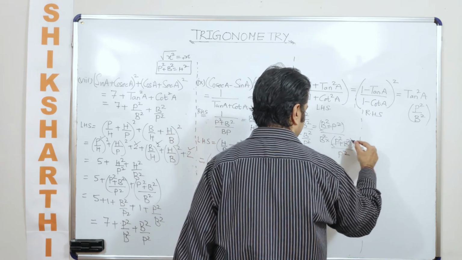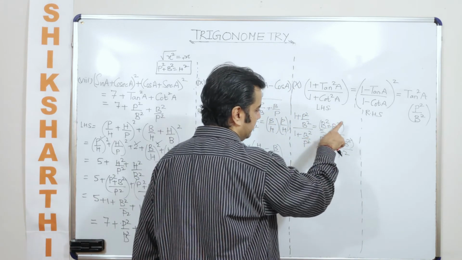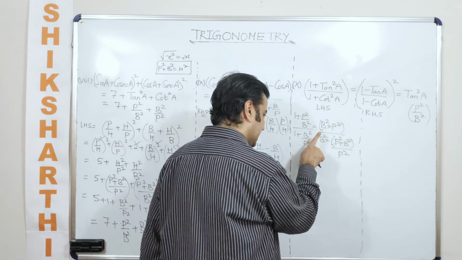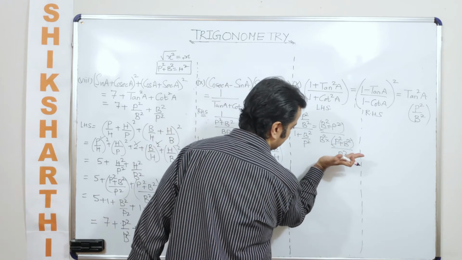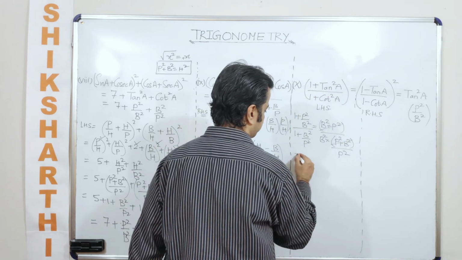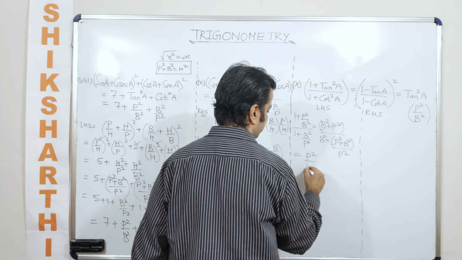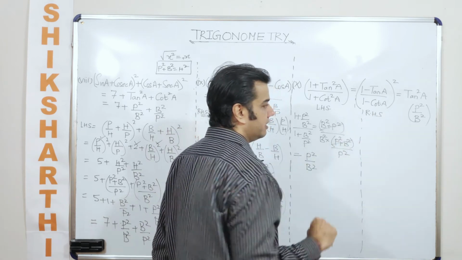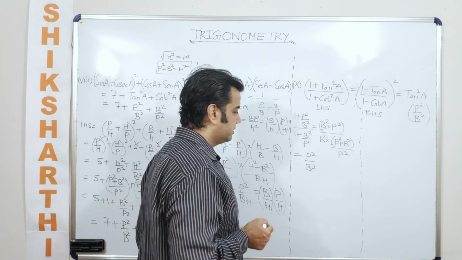So this gets cancelled out and we get an expression like 1 divided by b square and b square further divided by p square. So p square goes in the numerator and you'll eventually say this is p square by b square, which is equal to your rightmost term that you were supposed to prove.